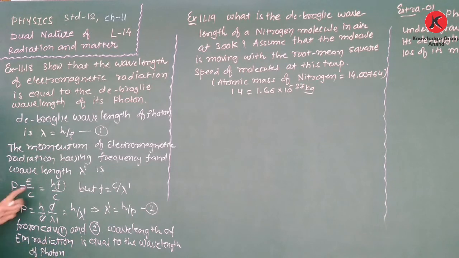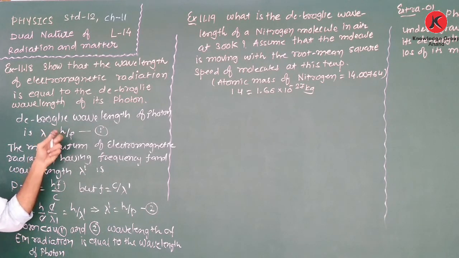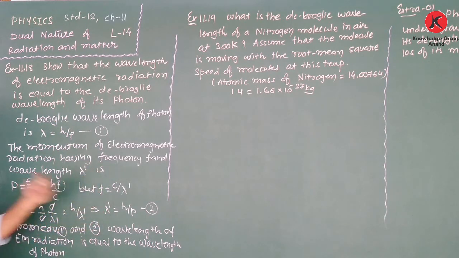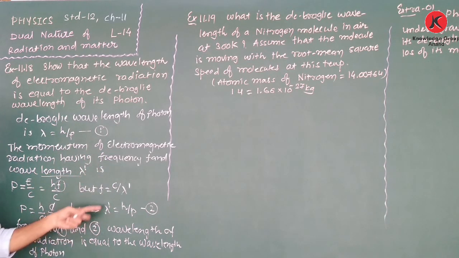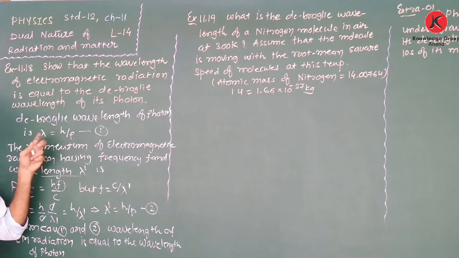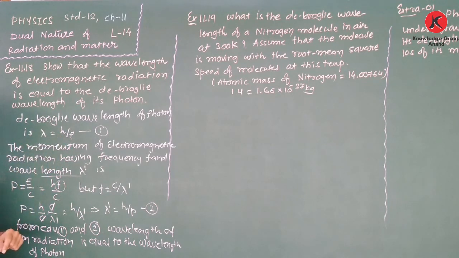Because in equation 1, lambda is equal to h upon p, that is the de Broglie wavelength of photon, while here lambda dash is the wavelength of electromagnetic radiation, which is also the same, h upon p. Clear this? Okay. Again, the de Broglie wavelength of photon, we know that lambda is equal to h upon p.